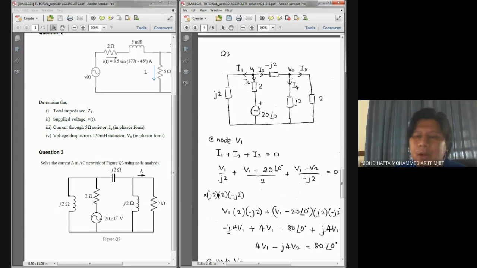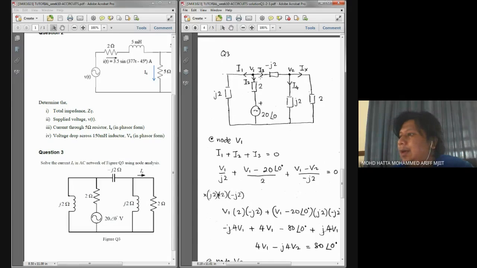If you like to assign the current in a different direction, you can also do that. But please remember that you must keep the direction throughout your analysis, so your analysis will be correct towards the end.